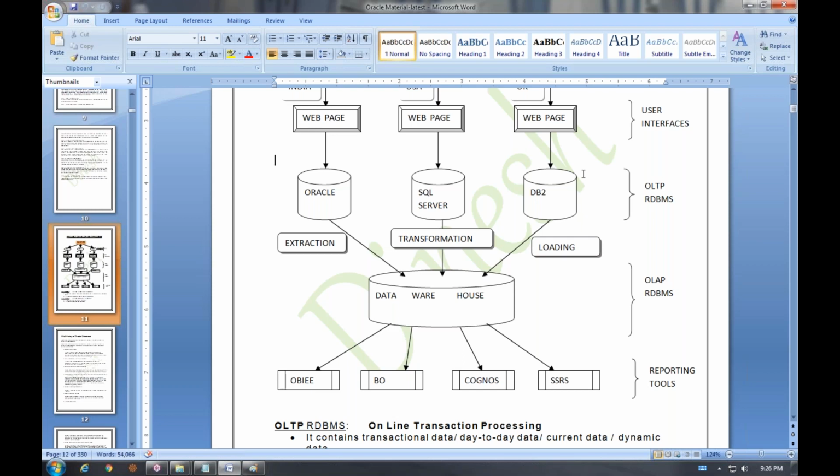Before Oracle 11G, we can set up Oracle database as only OLTP RDBMS. It will not support OLAP RDBMS. But from Oracle 11G onwards, you can set up Oracle database as OLTP, as well as you can set up Oracle 11G as OLAP also.